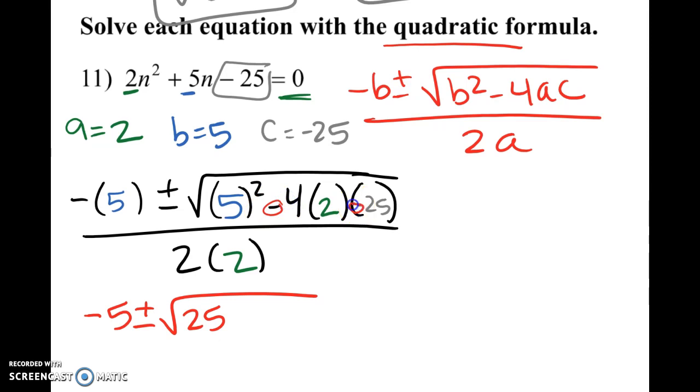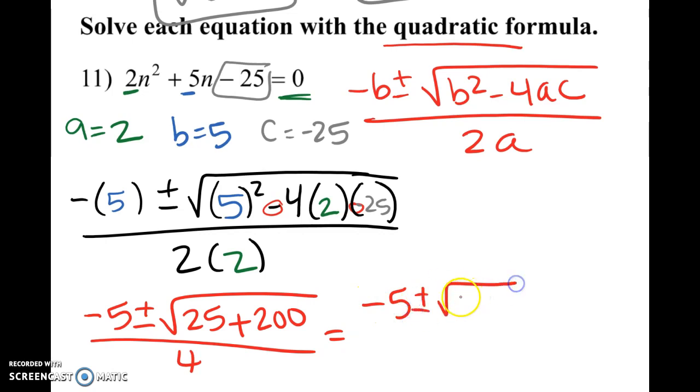This negative times this negative is going to give me a positive. And I have 8 times 25, which is 200, all over 4. Let's see, I get negative 5 plus or minus the square root of 225, all over 4.